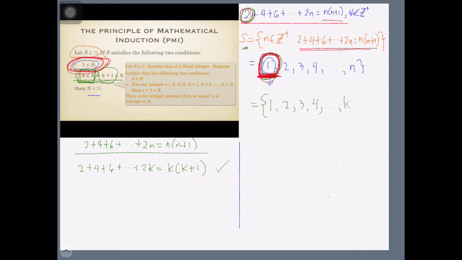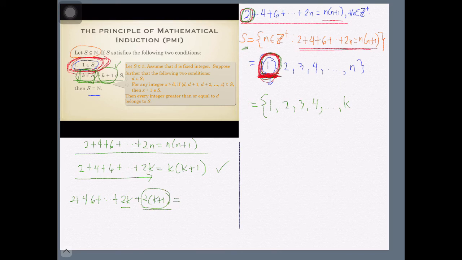As noted earlier, for us to show k plus 1 in S, one easy way is to just extend the left side of the equation to k plus 1 of them. So it means that it should look like this. There. And notice that us adding this term right here, 2 times k plus 1, again this is 2 times k plus 1 because this would be the term after 2k.